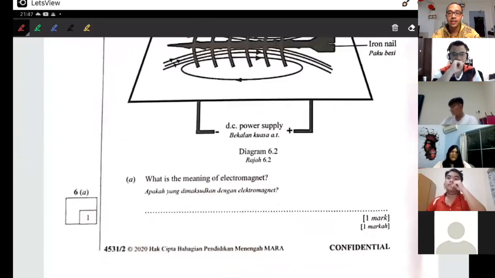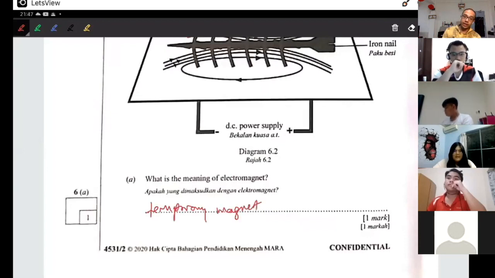After 1.5 years of almost learning everything, this is like, okay, so an electromagnet is a temporary magnet. Okay, the greatest word that you can use for electromagnet is a temporary magnet.